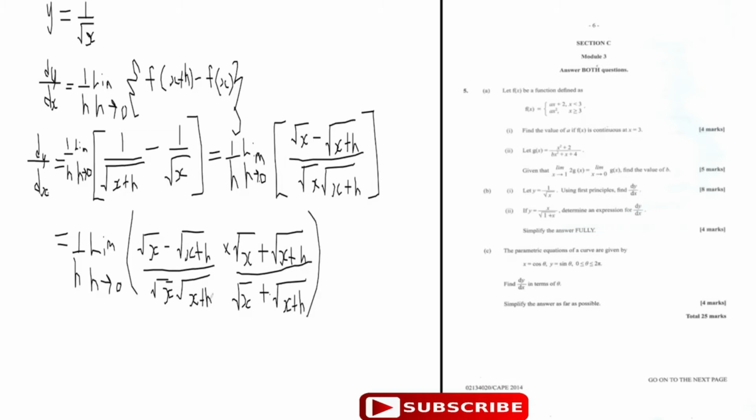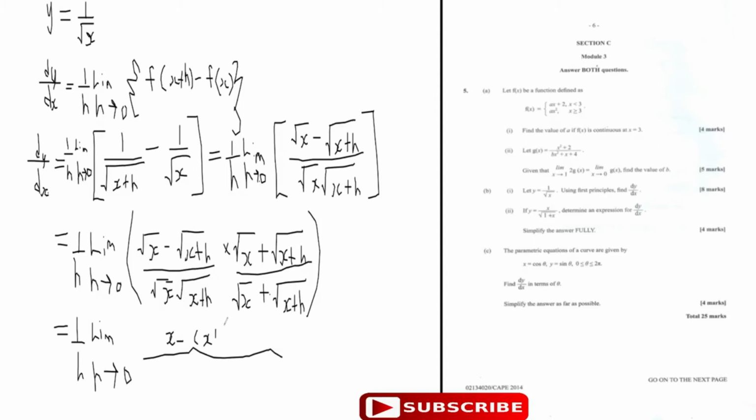Now that we're multiplying by the conjugate, it's going to become 1 over h times the limit as h tends to 0 of, and the numerator becomes the difference of two squares. So it simplifies to root x times root x is x, squared minus x plus h.